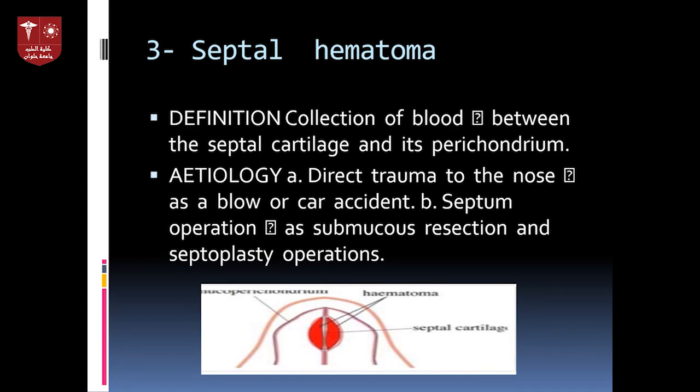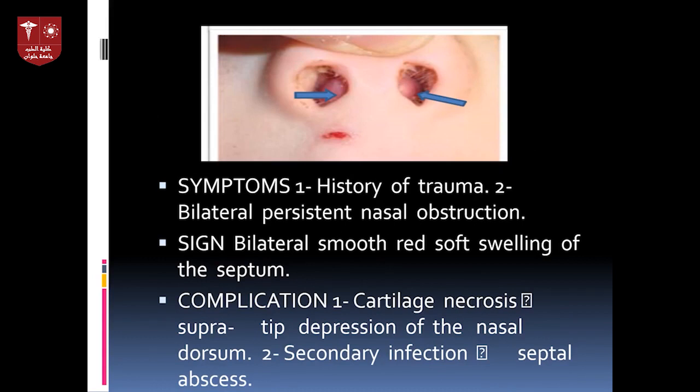This will be discussed later. The patient will usually complain of a trauma or a surgery. And if we look with our eyes, the signs, you will see a bilateral smooth, red, soft swelling of the septum.